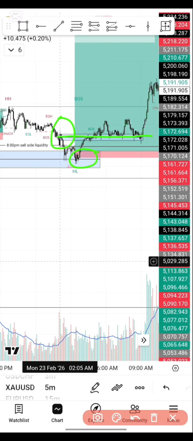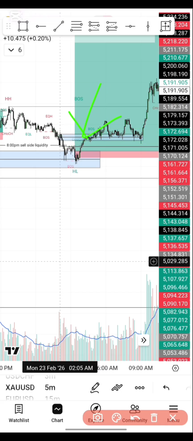I placed this at this level. I wanted price to come so that I can see whether it will break or it will hold. So this was my main idea of entering the trade, even though I executed the trade here. I waited to see the reaction at this level.